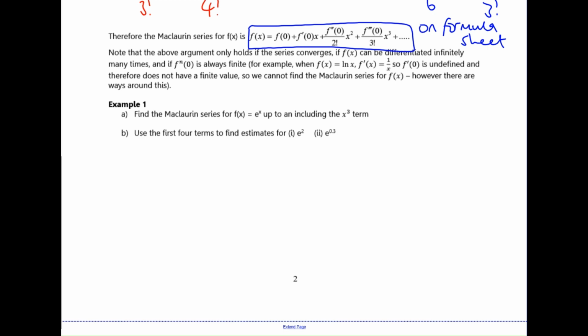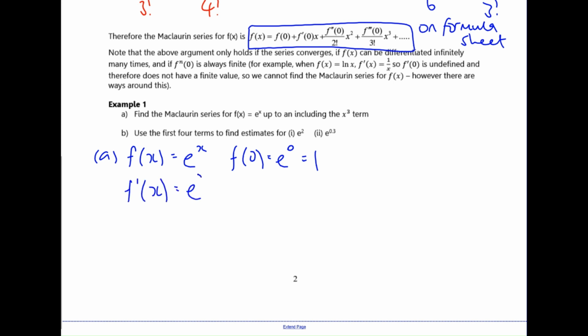If we think about e to the x for this first example, find the Maclaurin series for f(x) equals e to the x up to and including the x cubed term. All I'm going to do is differentiate my function a bunch of times and evaluate it at 0. So I start off with f of x equals e to the x, and then f of 0 is e to the 0, which is 1.